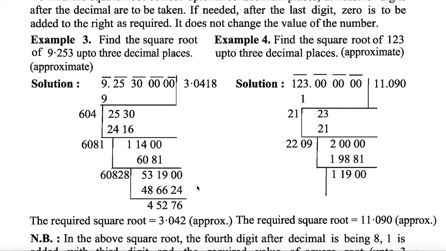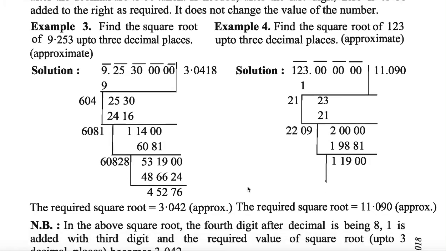This is how we will proceed. Keep on adding zeros to find the square root for 4 decimal places. This is for 4 decimal places and this is for 3 decimal places.